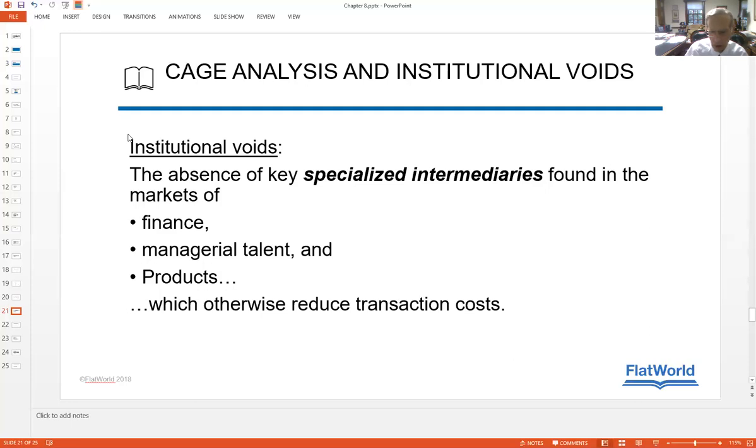The classic example, I suppose, would be the international customs broker that takes your product, if you're going to export, and handles its clearance of customs, getting on a ship, being transported to another country, where another broker will take it from there. So very often we need these intermediaries to accomplish international business. And to the extent that those intermediaries do not exist, that can really throw up some barriers, or what Ghemawat calls distances.